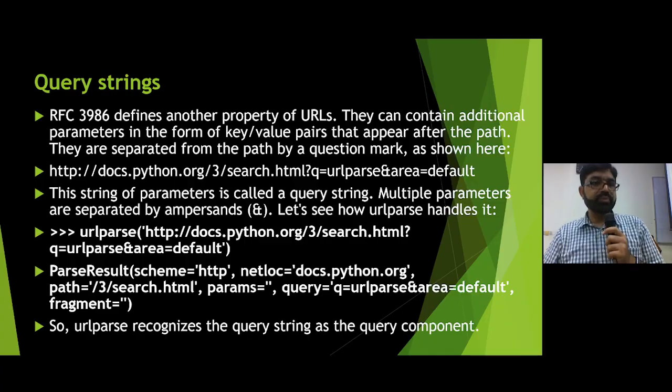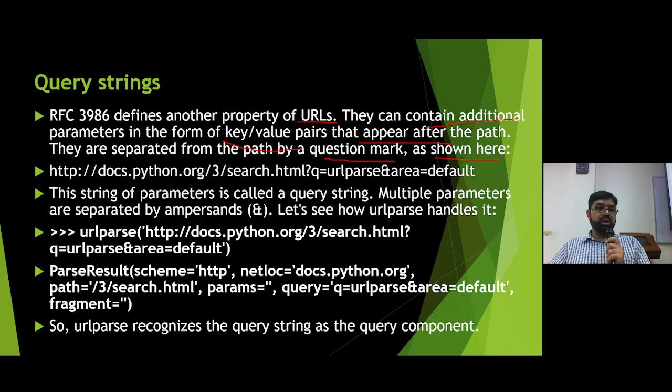So, query string. RFC 3986 defines another property of URLs: they can contain additional parameters, as key-value pairs, that appear after the path. They are separated from the path by a question mark, as shown here.